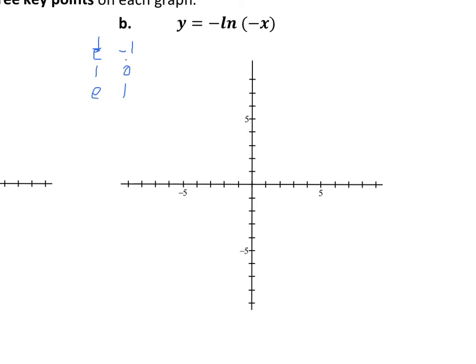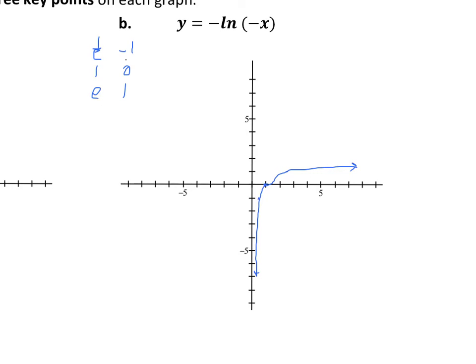That's the original. Let's plot those real quick: 1 over e and negative 1, 1 and 0, and e and 1. So 1 over e is basically 1/2. Correct. It's 1 over 2.7. A little closer to 1/3 probably than 1/2, so however you want to deal with that, I don't care.